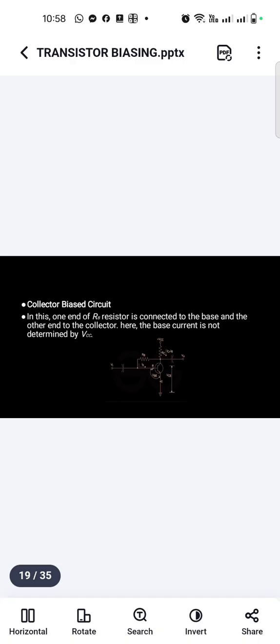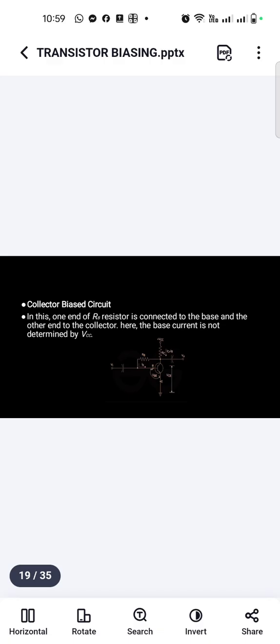But here the output is taken from the collector side, and from this we use the base resistor to the input of the transistor. Now what about the two capacitors we connected, right? Input side and output side, these are the coupling capacitors.